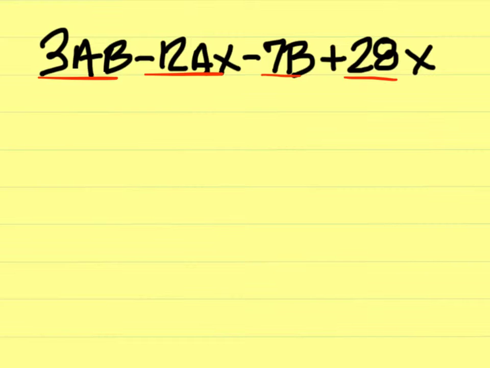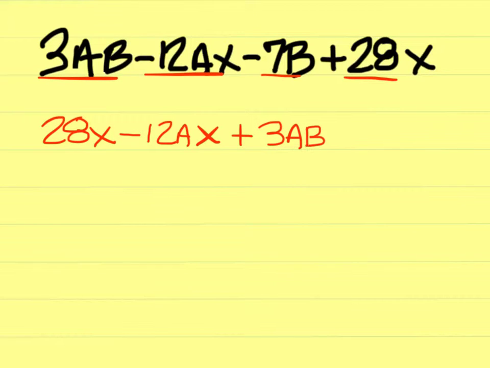How about 28X minus 12AX and then plus 3AB minus 7B? If we do that on the front side, you're going to have a 4 coming out as well as an X and be left with 7 minus 3A.